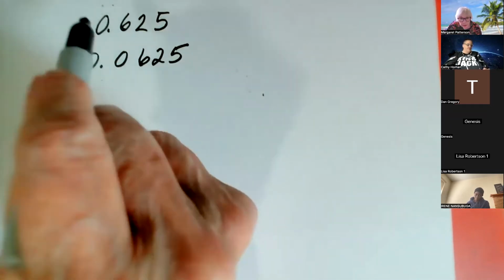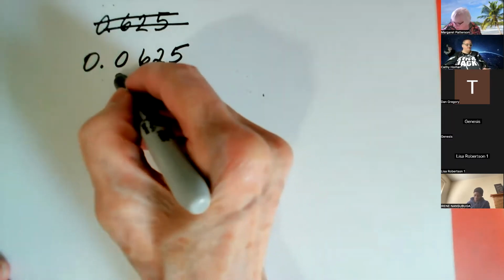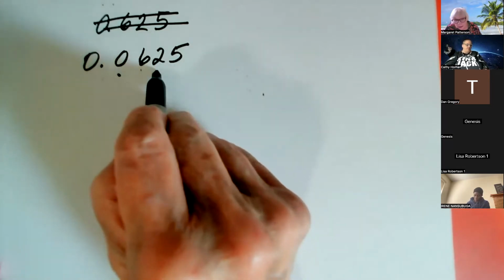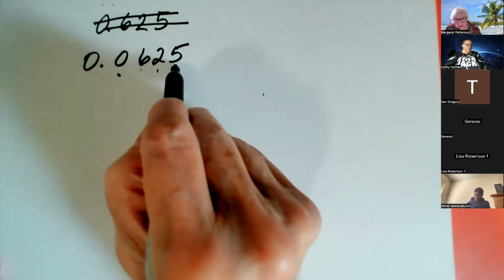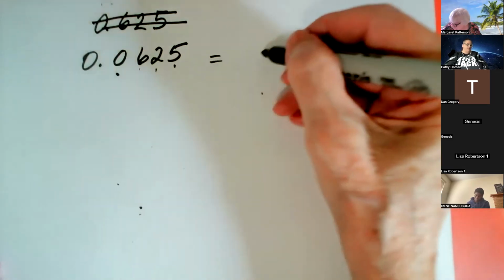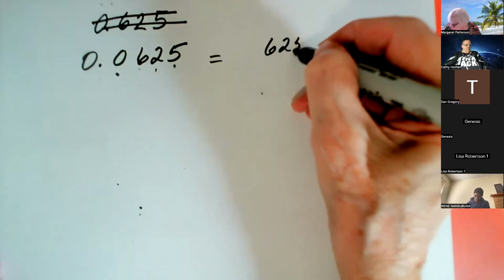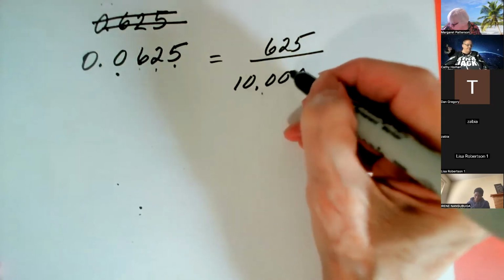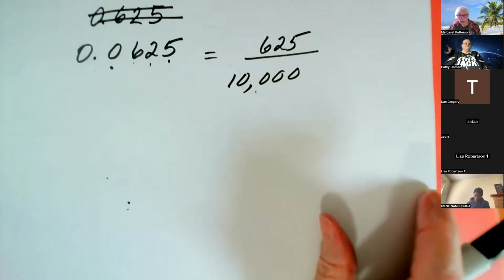And we want it into a fraction? Yes. Remember tenths, hundredths, thousandths, ten-thousandths. So that's what we want to do first. 625 over 10,000.